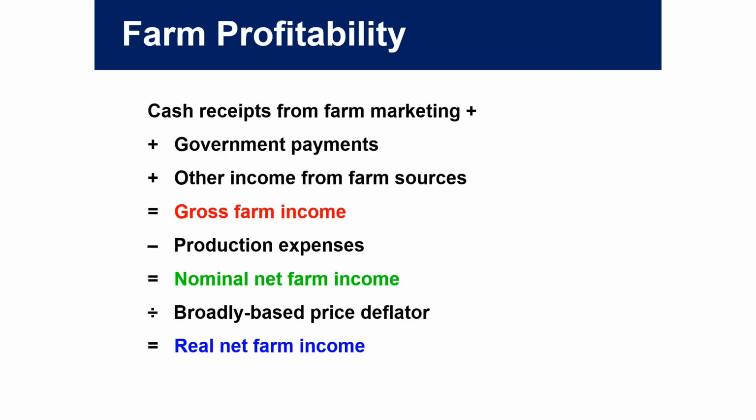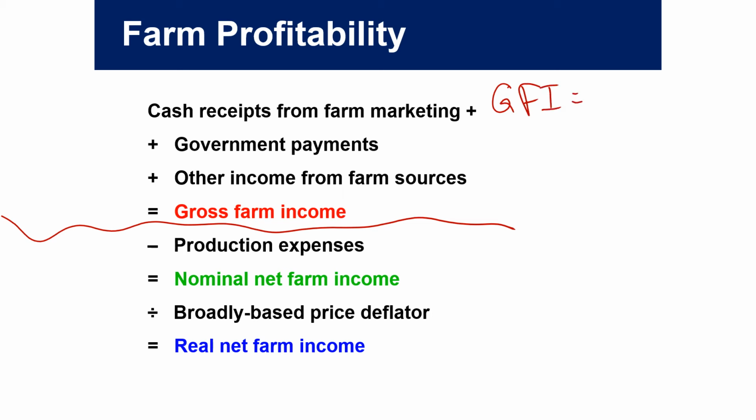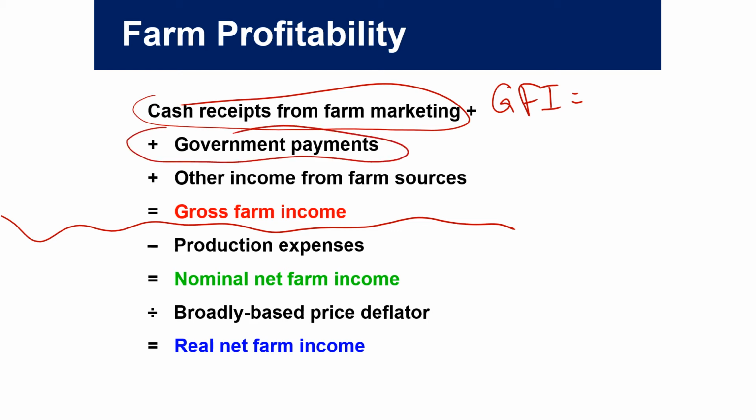Okay, the next section of your notes asks for a few equations. One thing that we're going to look at is the equation for gross farm income. This is odd how this picture shows up here, but basically gross farm income equals cash receipts from marketing plus any government payments plus income from other farm sources.